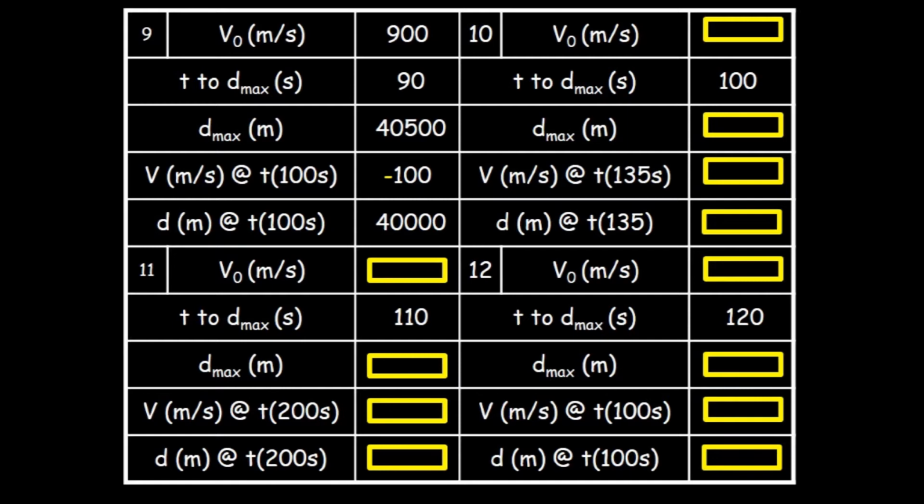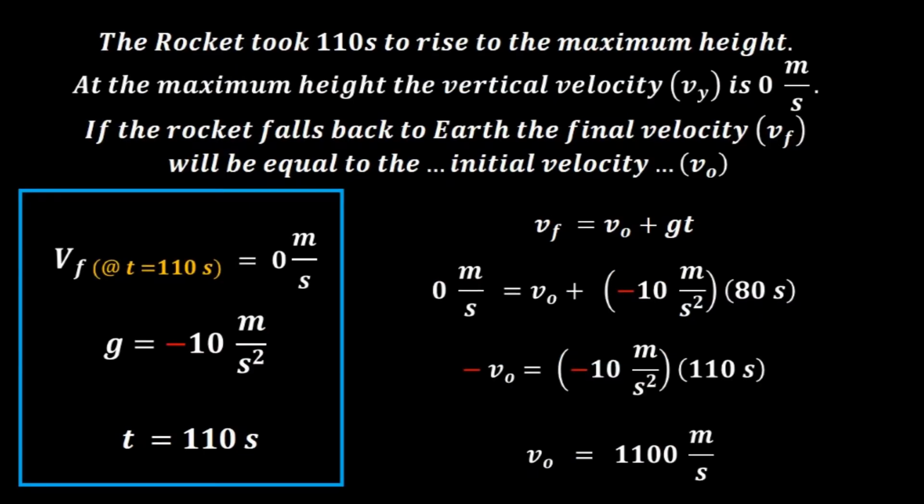And that's exactly what the math tells us. The rocket took 110 seconds to rise to the maximum height. At the maximum height, the vertical velocity is 0. If the rocket falls back to Earth, the final velocity will be equal to the initial velocity. So if that's the case, then the math serves us well.